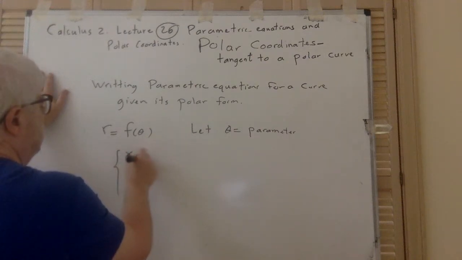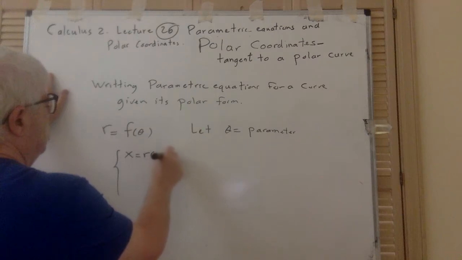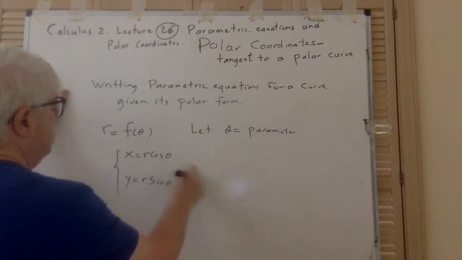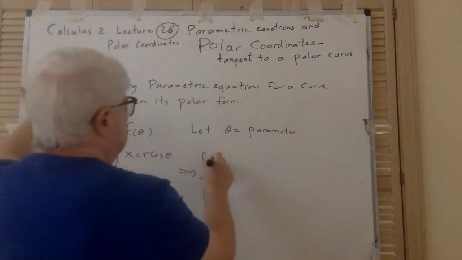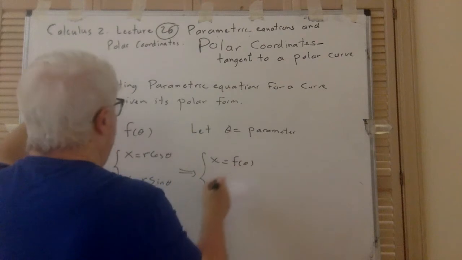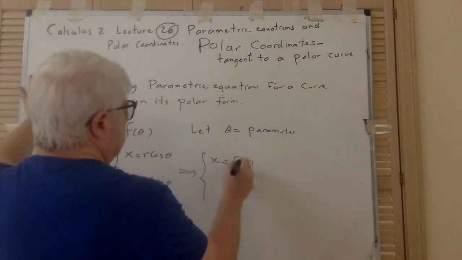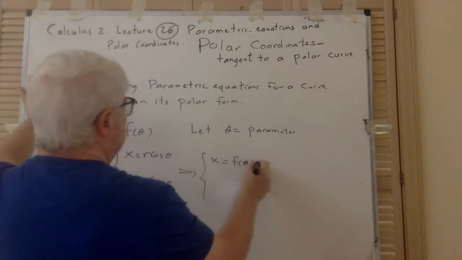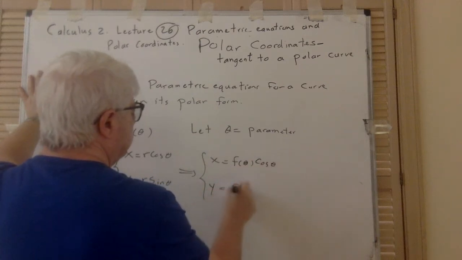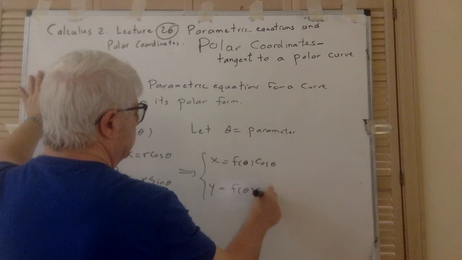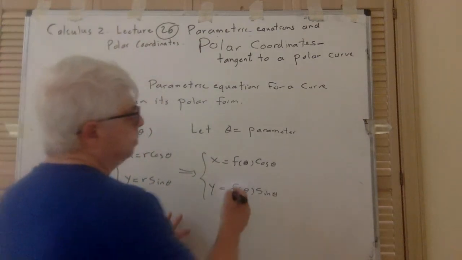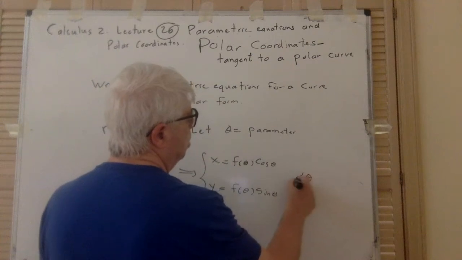Remember, we have x equals r cosine theta and y equals r sine theta. So this gives me x equals f(theta) cosine theta and y equals f(theta) sine theta, and so theta is the parameter.